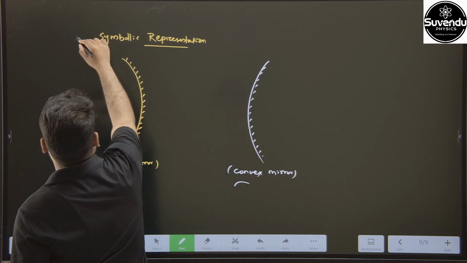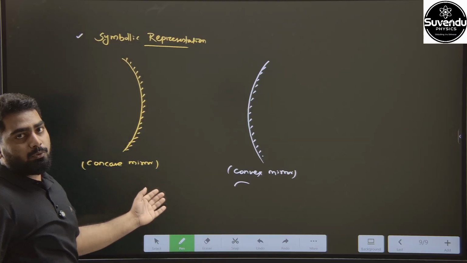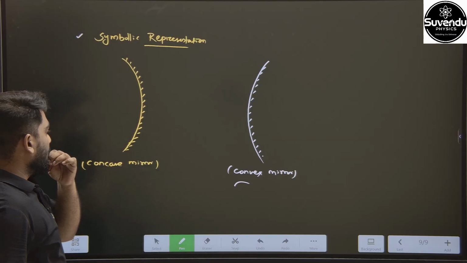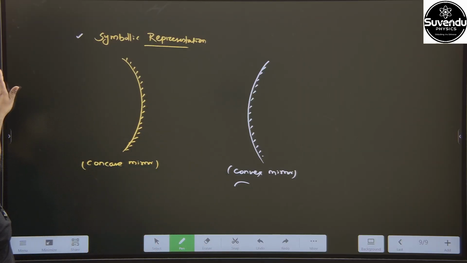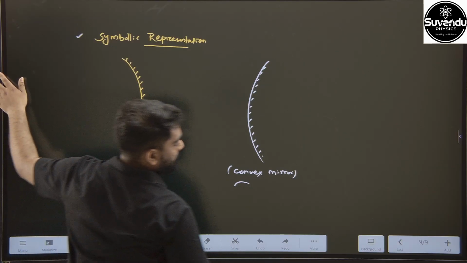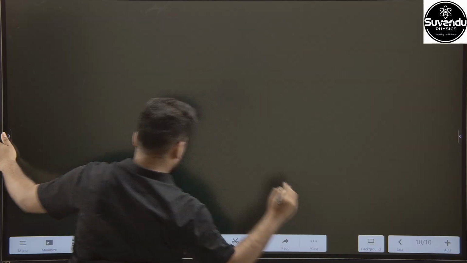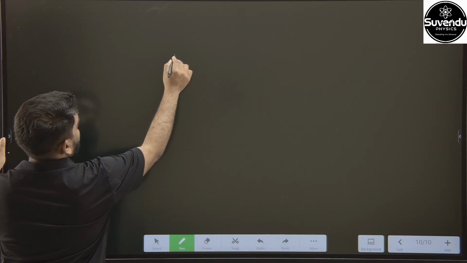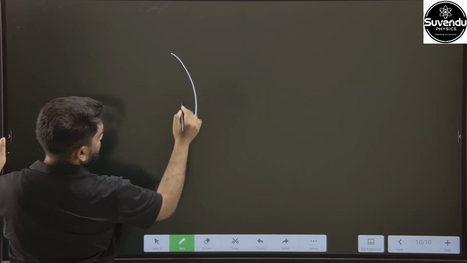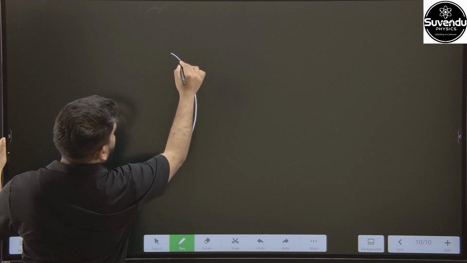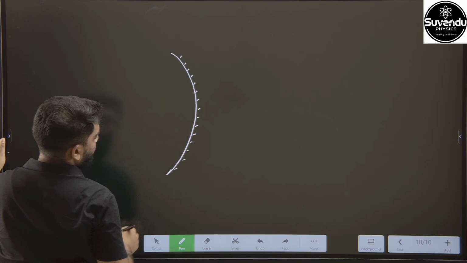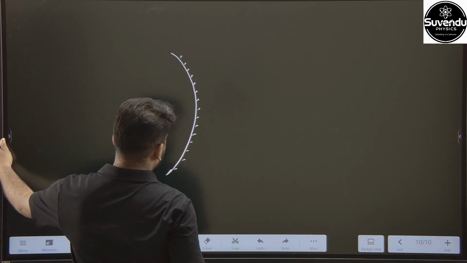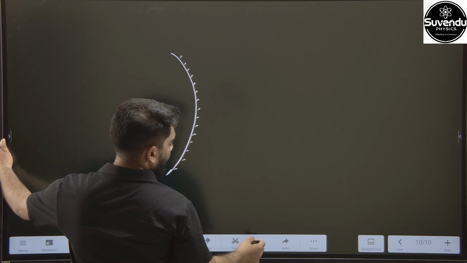Now we will understand what is the other name of concave as well as convex mirror. Now see, concave mirror is otherwise known as converging mirror. What's the reason? Let's check. If this is your concave mirror, remember when a parallel beam of light falls on it, then the reflected ray starts to converge towards a single point actually.